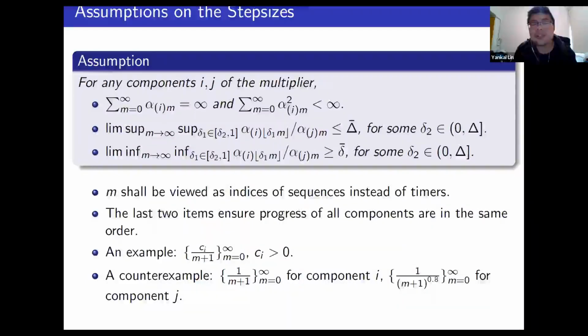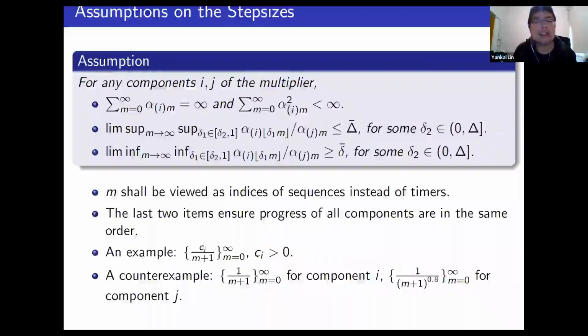So it's a standard assumption for step sizes when you have cost functions that do not have Lipschitz continuous gradient. And if you are familiar with subgradient algorithms in convex optimization, this is a very standard assumption if you want to get exact convergence to the solution. So we require every component to use step sizes that satisfy this assumption in order to get exact convergence to the solution.